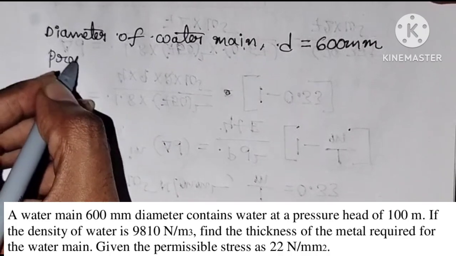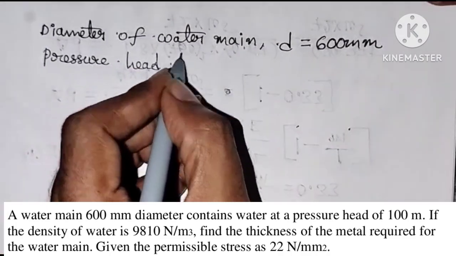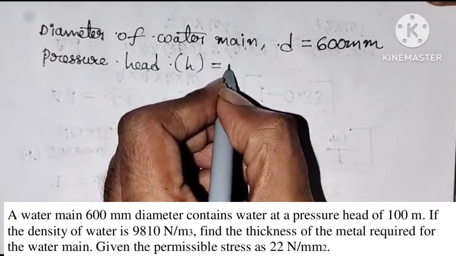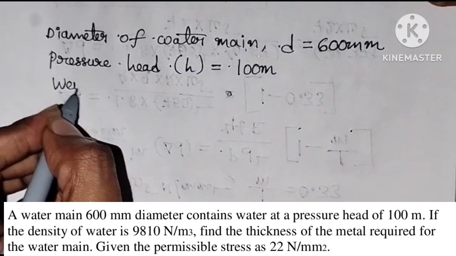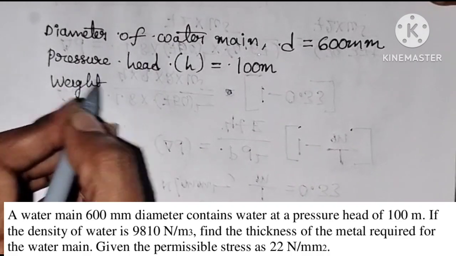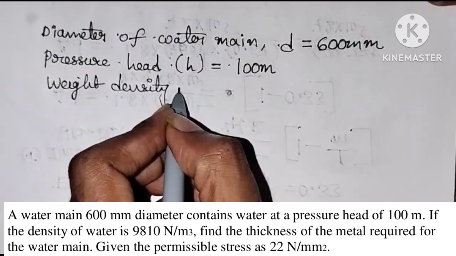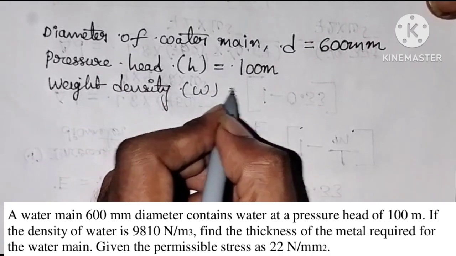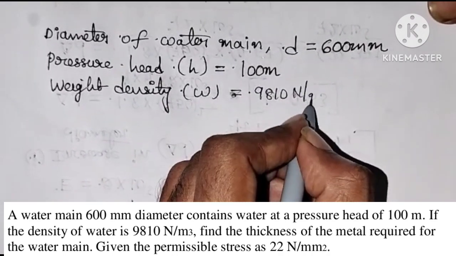Pressure head is denoted by H. H is equal to 100 meters. The weight density, or specific weight, W is equal to 9810 Newton per meter cube.